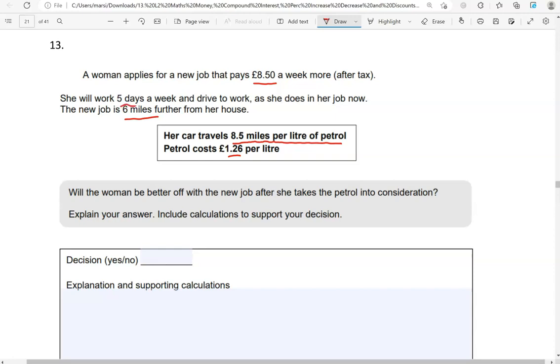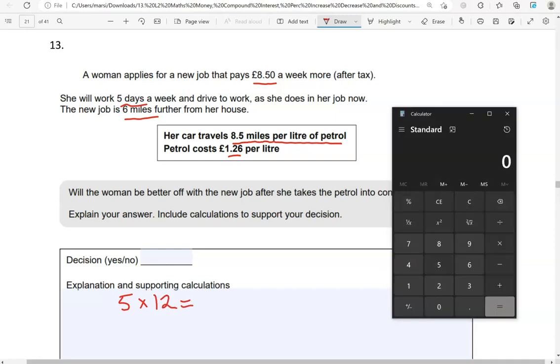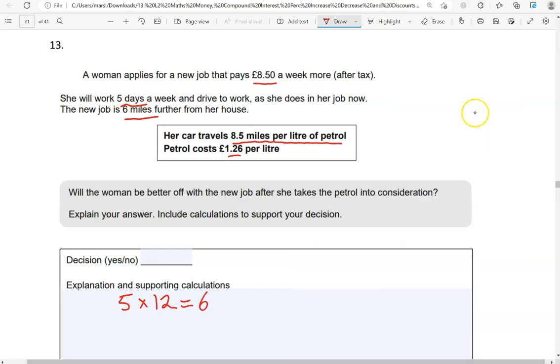And she works 5 days a week, so that's going to be 5 times 12, which is 60. So that is 60 miles per week. Her car travels 8.5 miles per litre of petrol. Petrol costs £1.26 per litre.